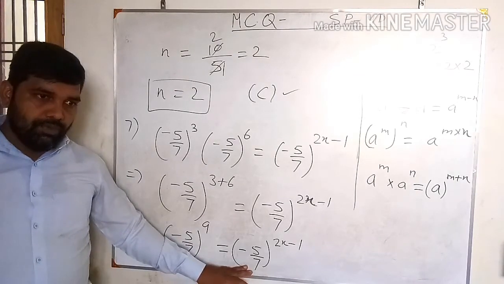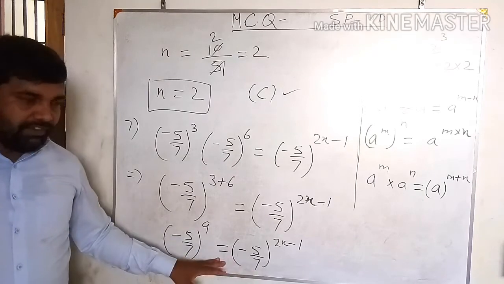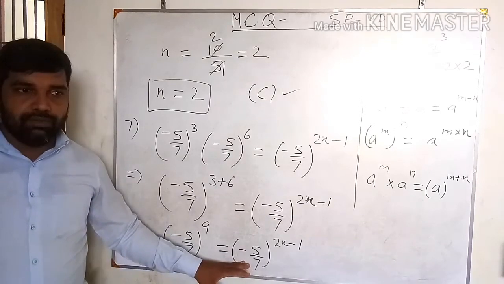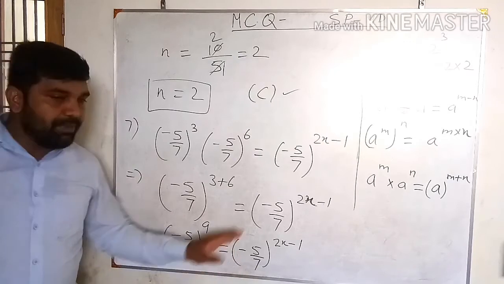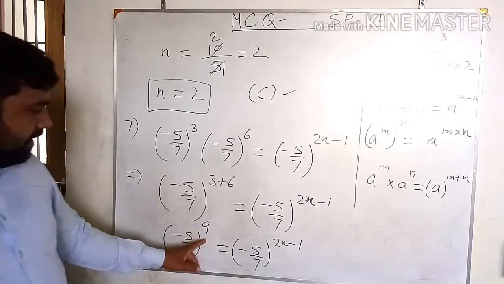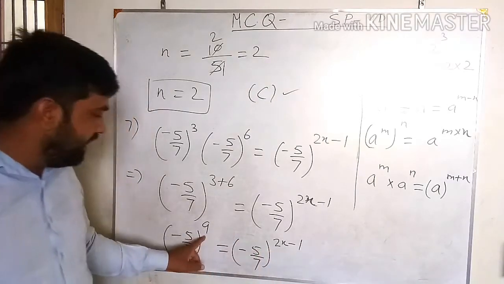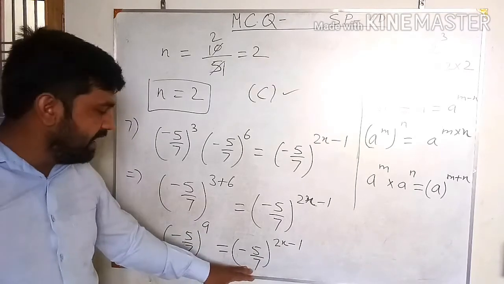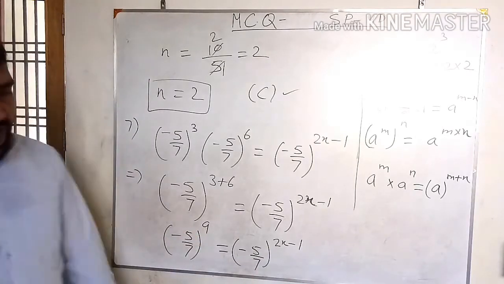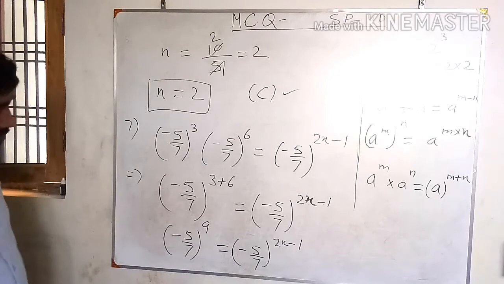This is an equation: the left hand side value equals the right hand side value. If the base is the same, its power must be the same. Only if 2x minus 1 is 9 can the value of minus 5 by 7 to the power 9 be the same. Otherwise its value will be different.